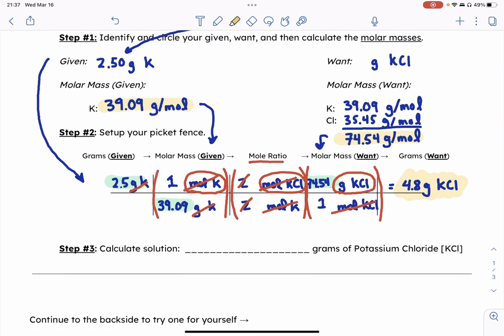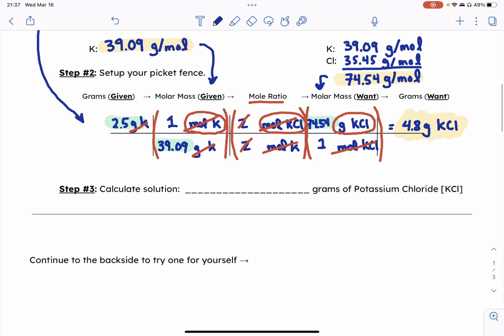We started with the 2.5 grams of potassium and we converted to 4.8 grams of potassium chloride. So in the final step of our graphic organizer, it says calculate the solution, and you would go ahead and put 4.8 grams of potassium chloride.